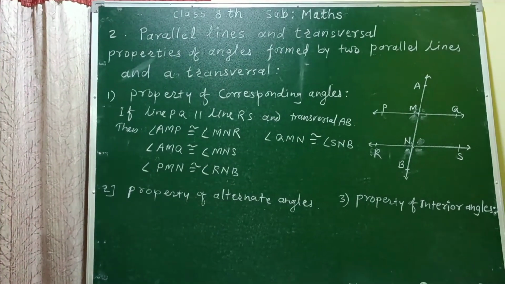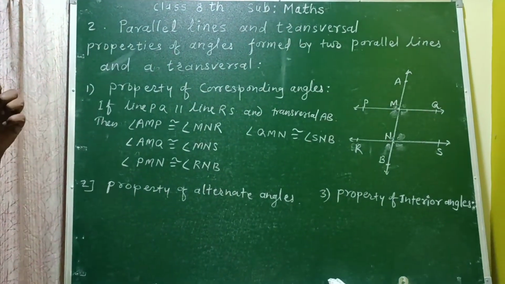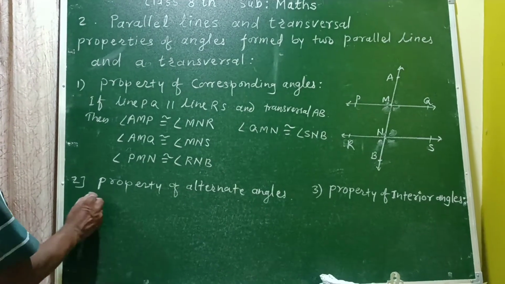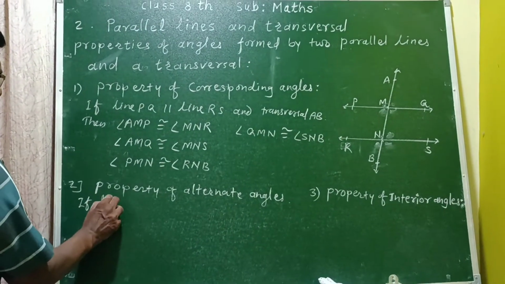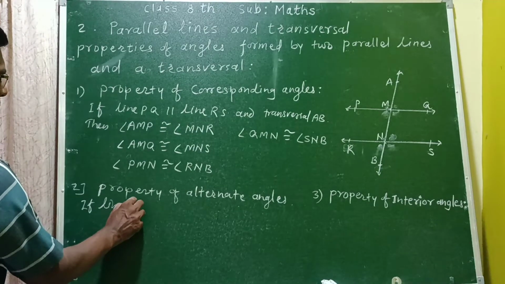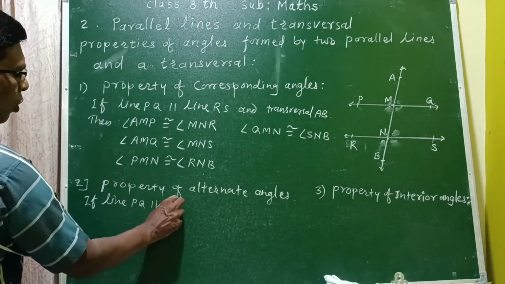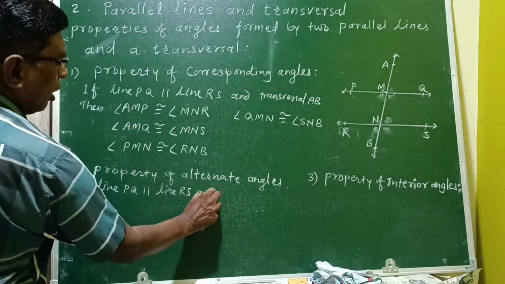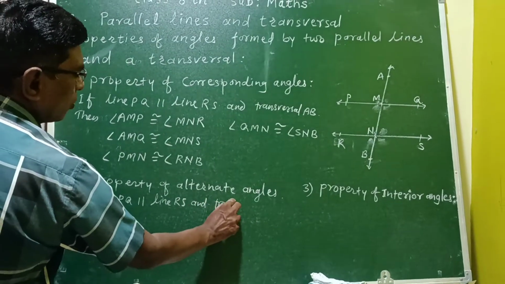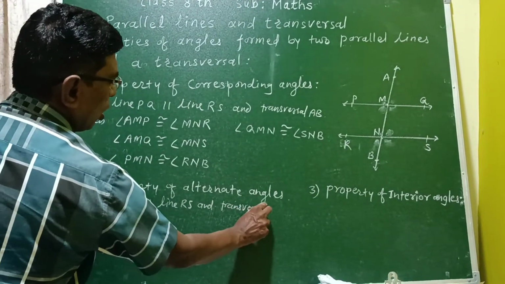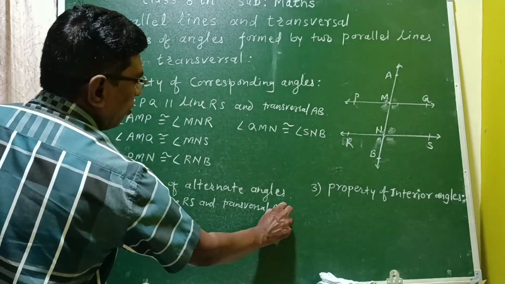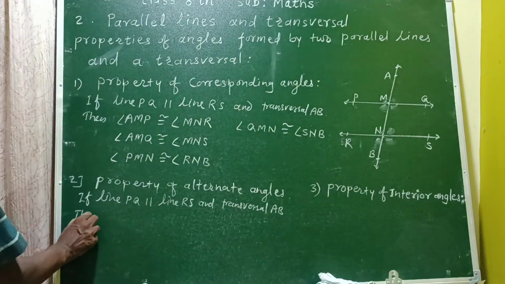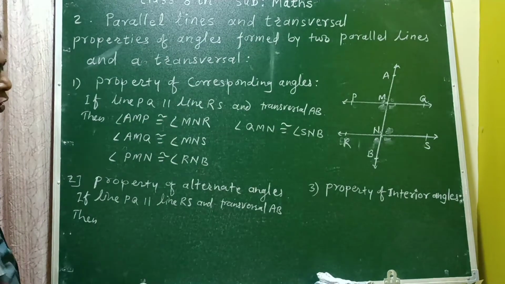Now the second property, of alternate angles. If line PQ is parallel to line RS and transversal AB, then each pair of alternate angles is congruent.